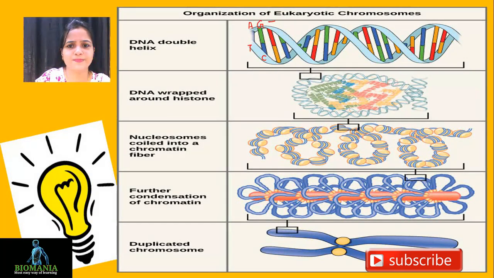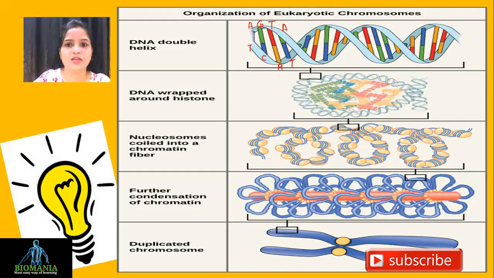It can be anyone; I am writing just randomly AT, AT. Adenine combines with thymine and guanine combines with cytosine. I will teach you DNA in a separate video, so that it will clear your complete doubt related to the DNA.